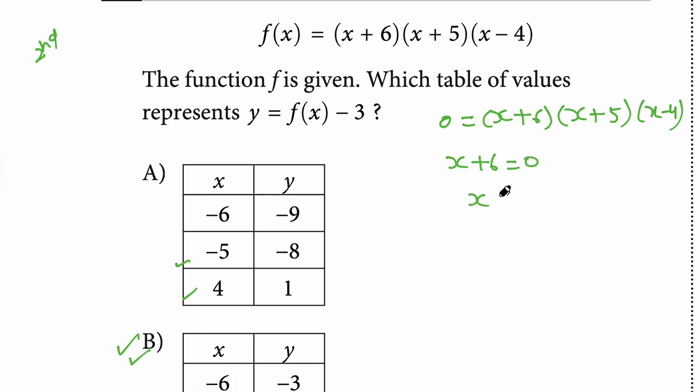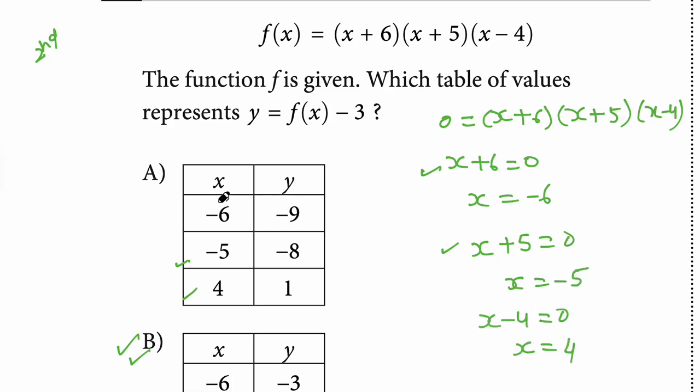That means x is equal to negative 6. X plus 5 is equal to 0, the second factor. X is equal to negative 5. And x minus 4 is equal to 0. That means x is equal to 4. So the inputs given here are actually the zeros of the polynomial. And when we say zeros of the polynomial, that means the value of the function is 0.